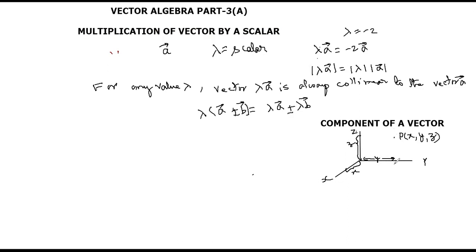But y is a scalar. If you want to make it a vector quantity, you have to multiply with its direction. So on the y-axis, this part, suppose this is O, this is B, and this is C. What will be vector OB?